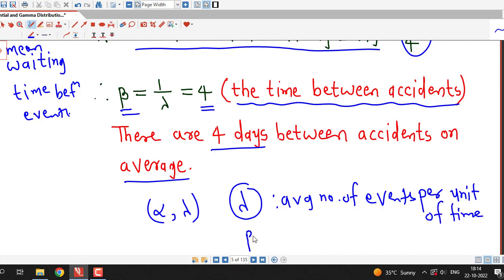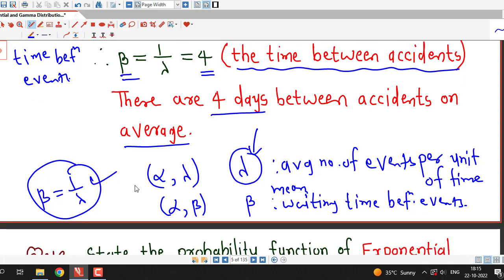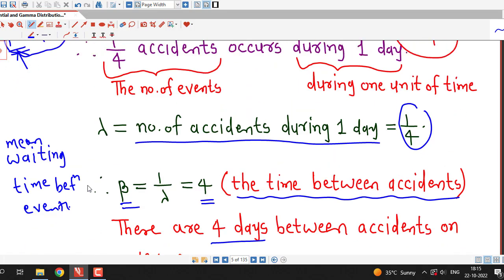And if we are interested in using alpha and beta, we should decide the mean waiting time between events. Beta is the mean waiting time between events, or beta is given by 1 over lambda. Beta is nothing but the reciprocal of lambda, that is 1 over lambda, and we can use the appropriate form of the gamma distribution wisely. So this is all about the gamma distribution.